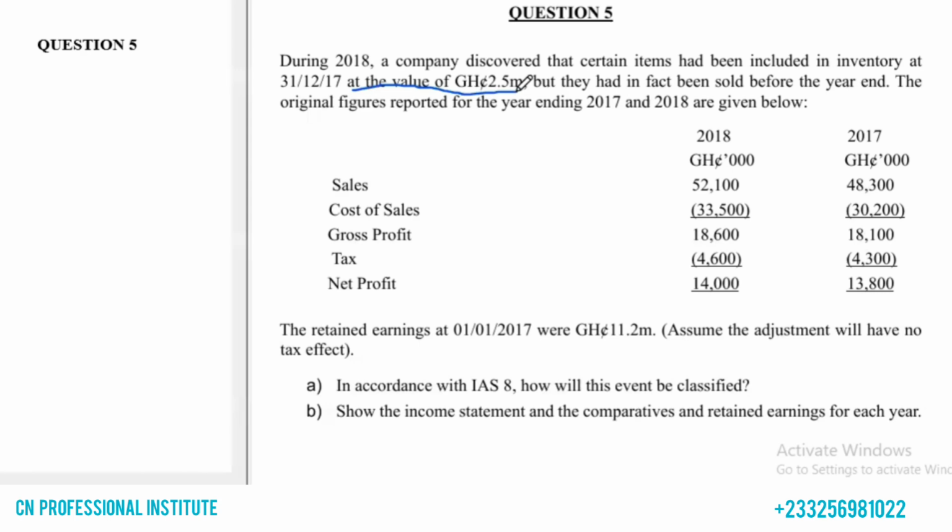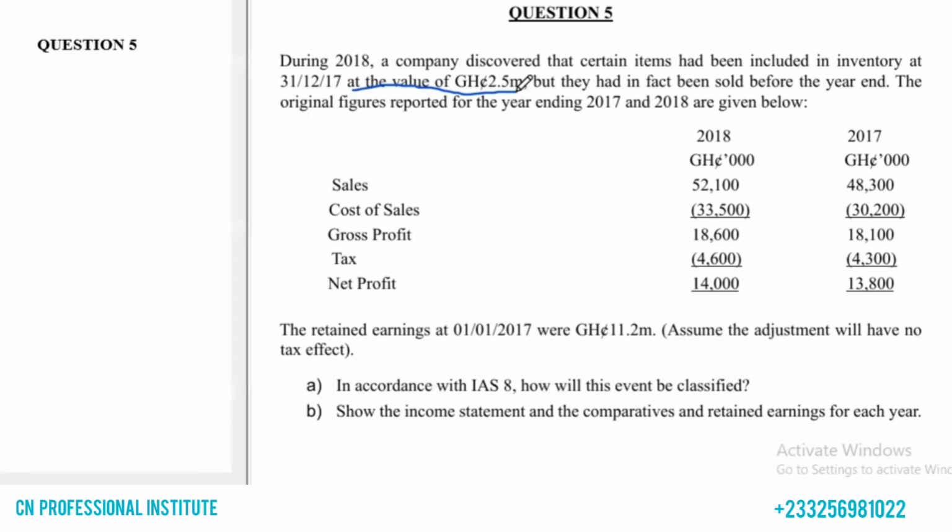They've sold it, but they have included the value in the closing figure. So the error is that they have overestimated closing inventory.